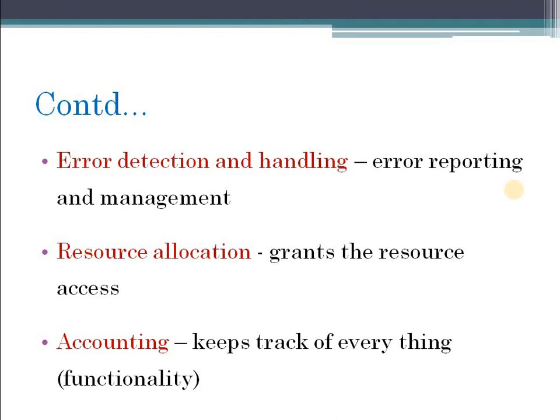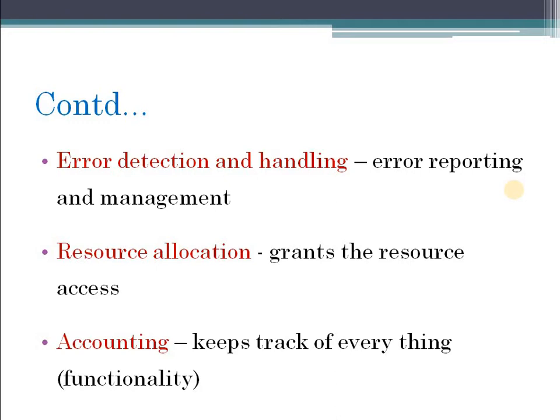Suppose a program wanted to access the keyboard for a while, and that program is in inactive mode. Then the OS will free the keyboard from that application, and that keyboard will be freed for other applications also. So this is the part of resource allocation and deallocation. This is done by the operating system very smoothly.